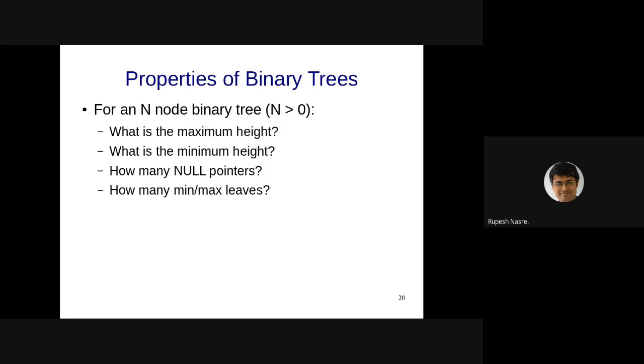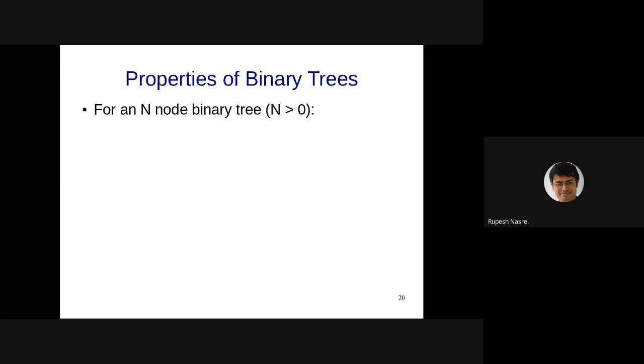So what is the maximum height starting from, let's say 1 or 0, whichever you want to use? What could be the minimum height of an n node binary tree? Right? So if you pack everything such that you want to minimize the height, but each node is allowed to contain maximum 2 children, then what is the minimum height you can get? How many null pointers exist, right?